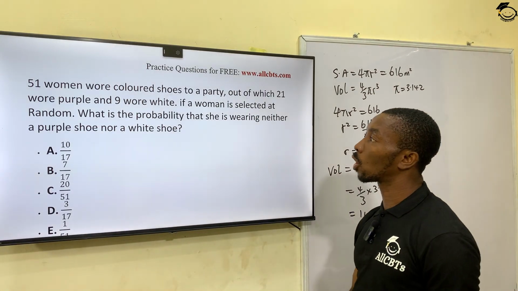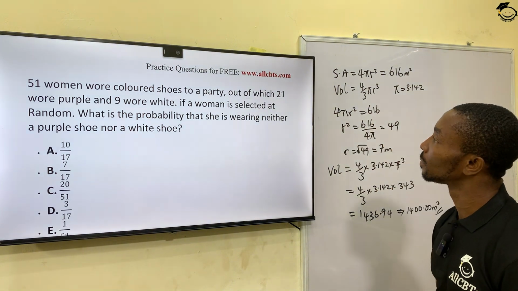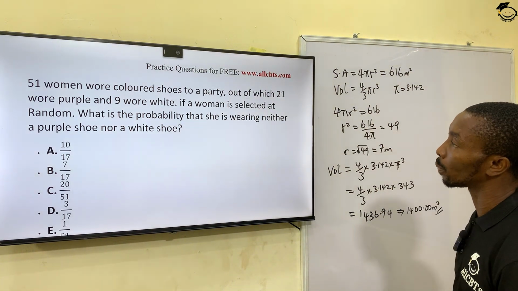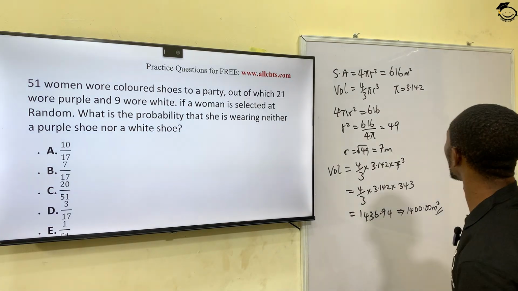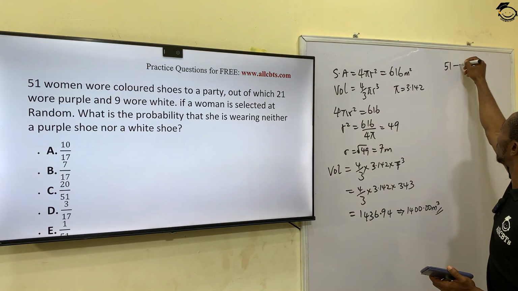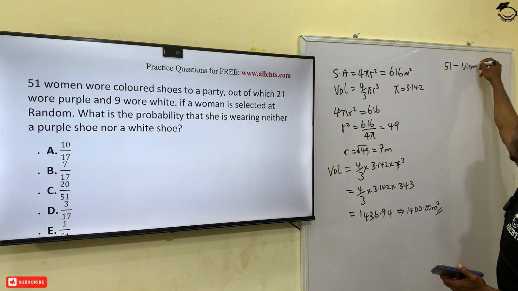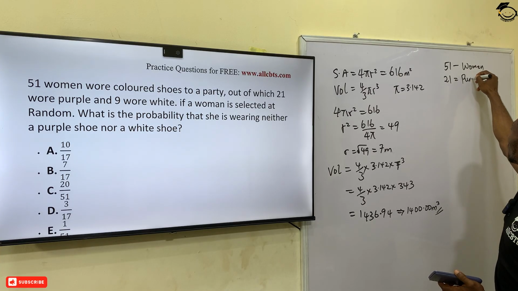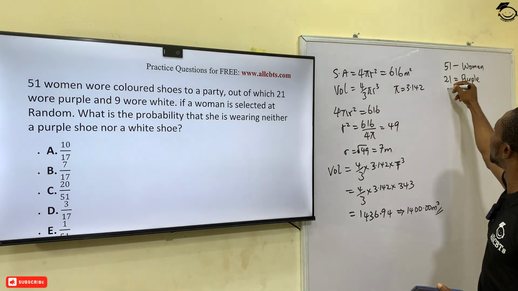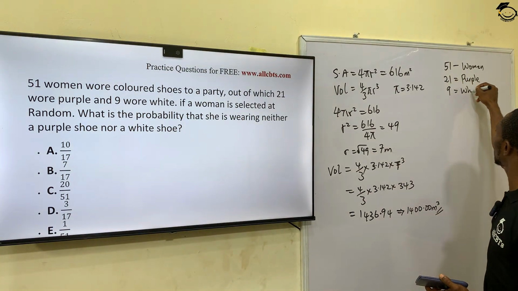51 women wore colored shoes to a party, out of which 21 wore purple and 9 wore white. So out of 51 women, 21 of them wore purple and 9 wore white.